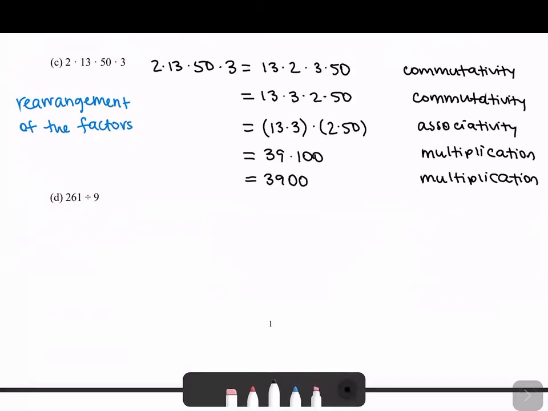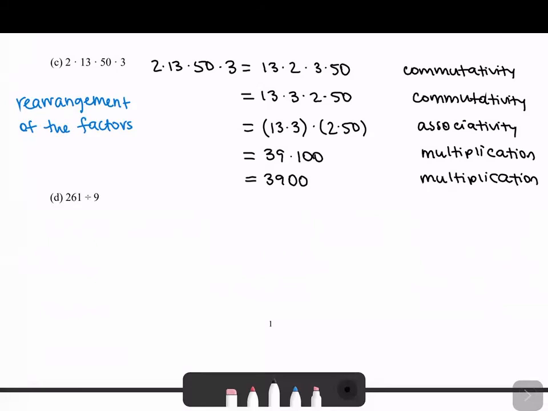Okay, so D is our division example. In this case, our mental math strategy for division is rewriting the dividend, again, to create more compatible numbers. We are trying to divide 261 divided by 9. We look at this and say, I have no idea what that would be, but we can think of a number that's close to 261 that we know is divisible by 9.